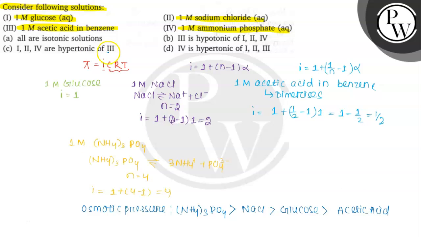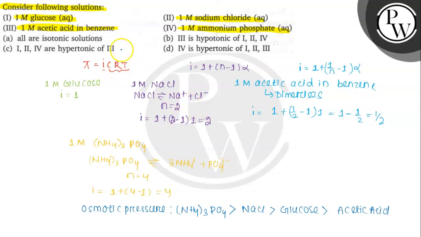So 'all are isotonic solutions' is incorrect. Next, 'I, II and IV are hypertonic of III', that is glucose, sodium chloride and ammonium phosphate are hypertonic of III, 1 molarity acetic acid in benzene.